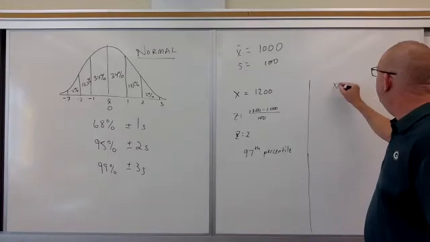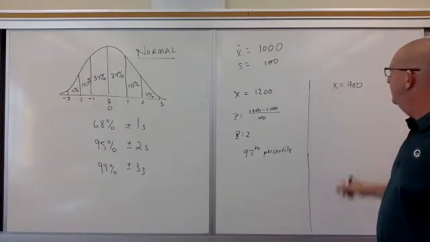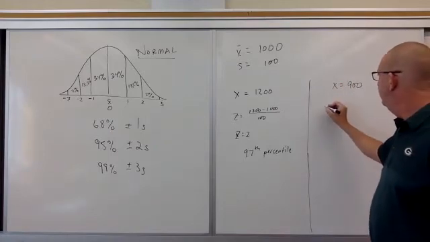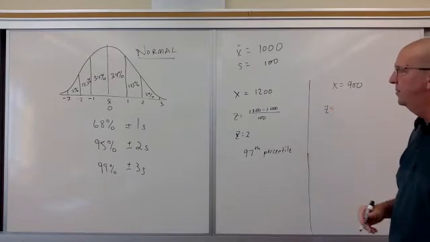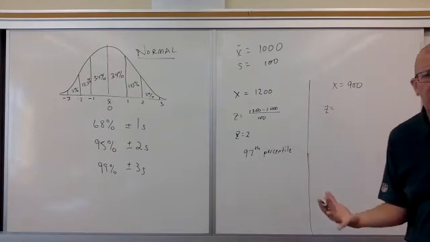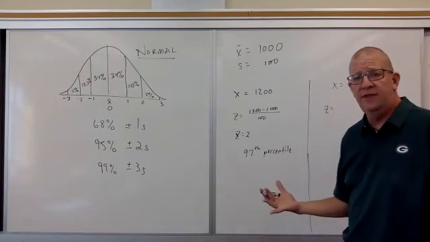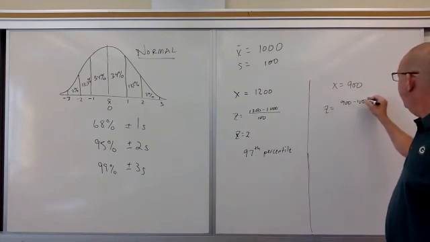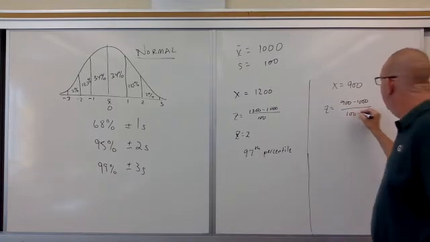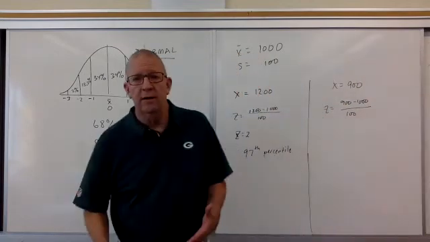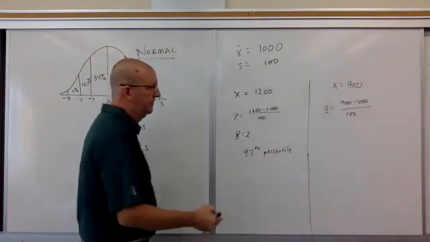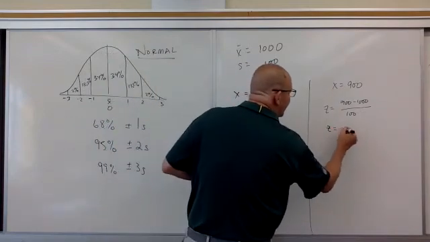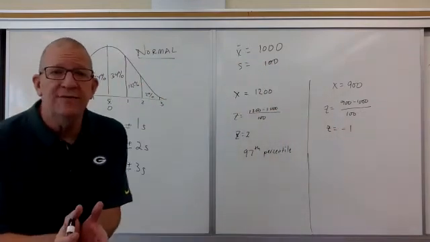What if you were 900? And I'll pause here in a moment, or you can pause the video anytime you want and calculate this stuff on your own. 900 minus 1,000 over 100. So now notice a difference here. I'm negative. Why? Because that would be one standard deviation below the mean.